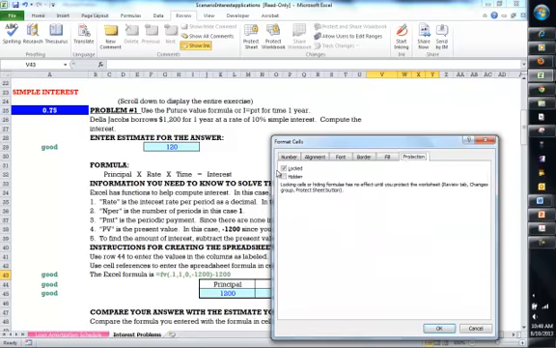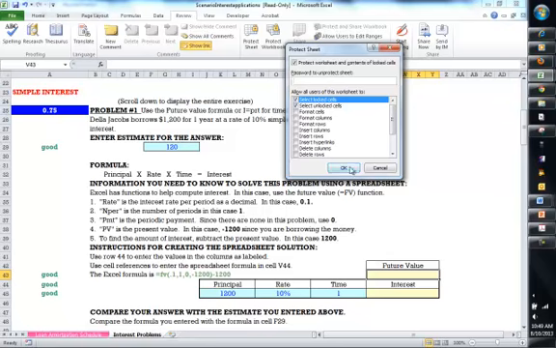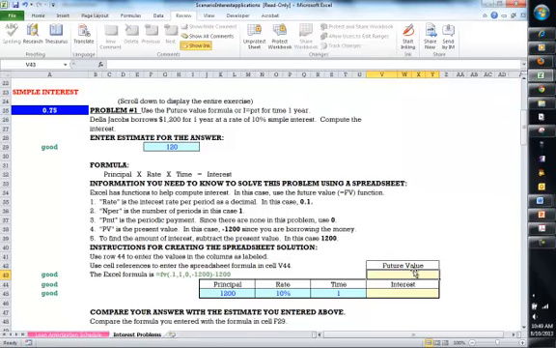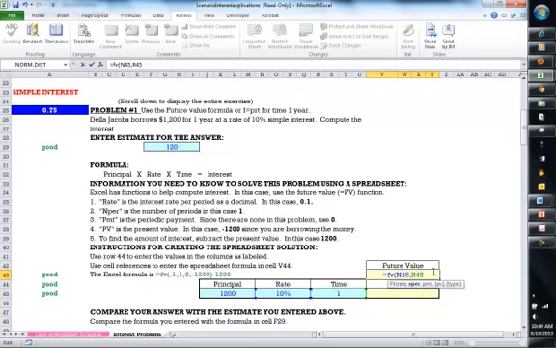I've got to unprotect this cell. Okay, the future value, so equals future value, and the rate is this number. The number of periods is 1 year. There is no payment, and the present value is the $1,200. So at the end of a year, you will have $1,320.